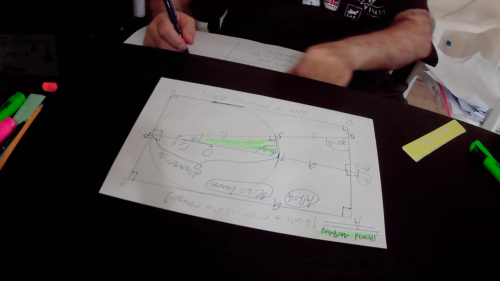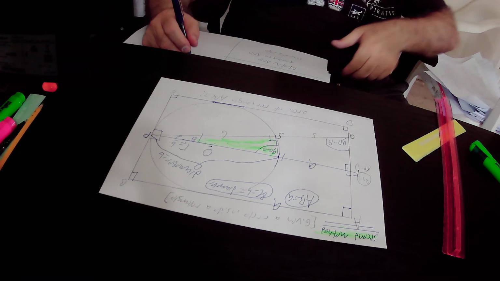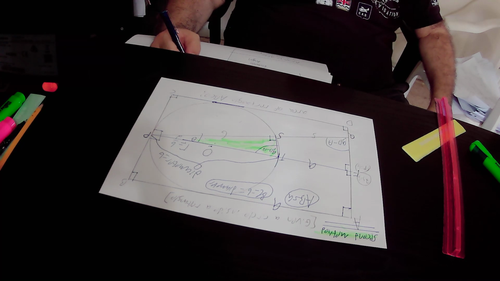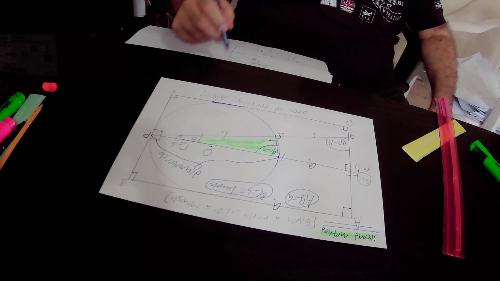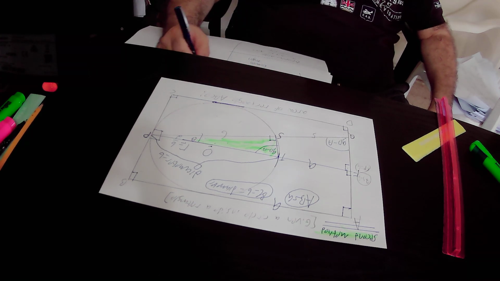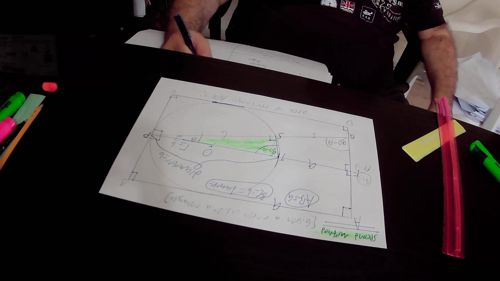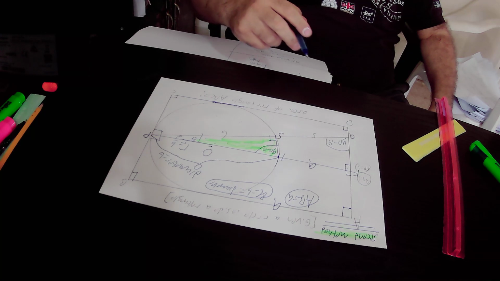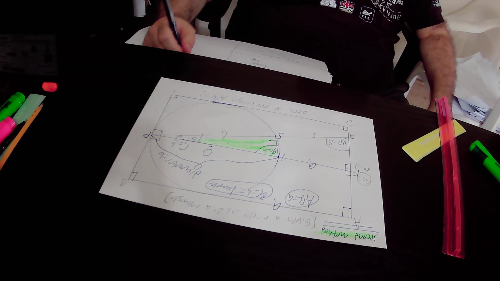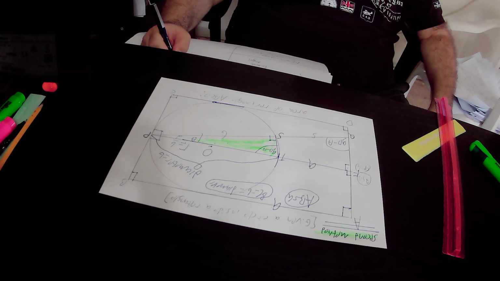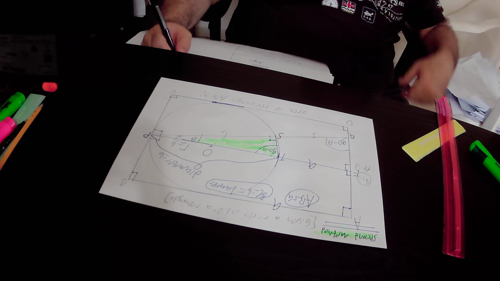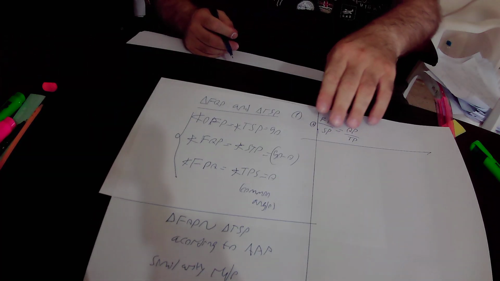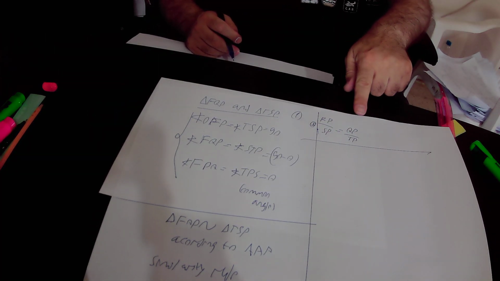We conclude that FP over SP is equal to QP over TP. Again, we conclude that FP over SP equals QP over TP.